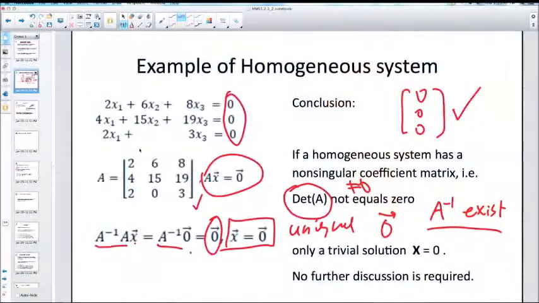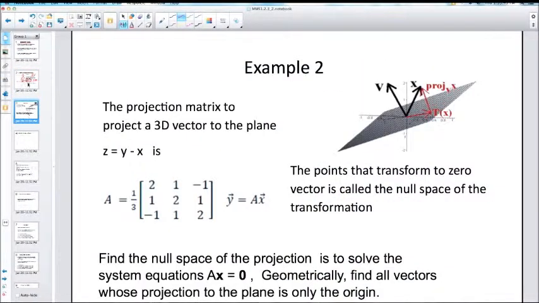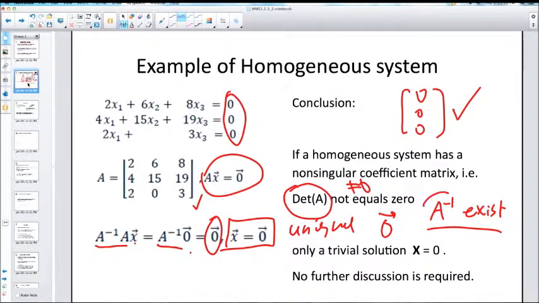What we are concerned with is when this determinant is 0, when this A inverse does not exist. Then we're going to look for non-zero solutions. The zero solution we give a name, called the trivial solution.